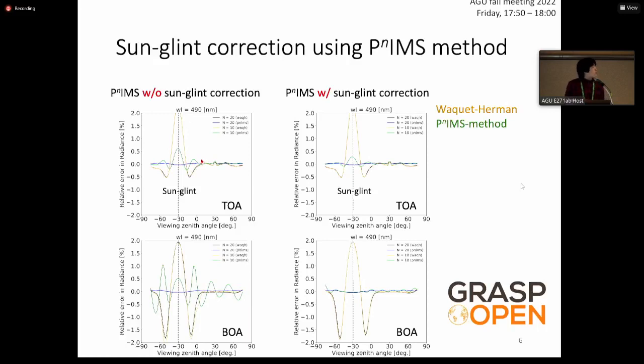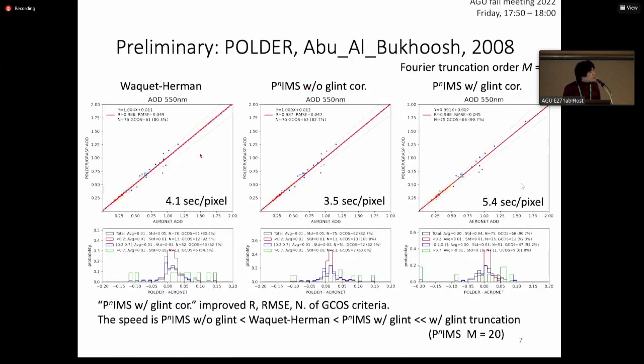So finally, we try to apply the polar observational data in the open ocean site. We try three setups. The left setup is without sunglint corrections, and the right side is with sunglint corrections. Using the sunglint corrections, the computational burden is increased. It means the computational time is also increased.